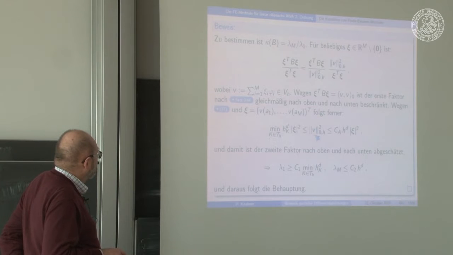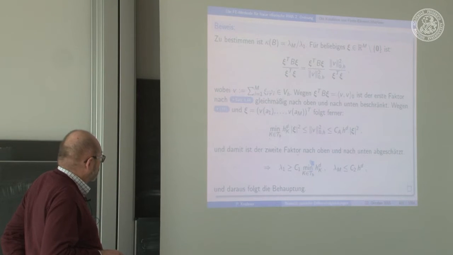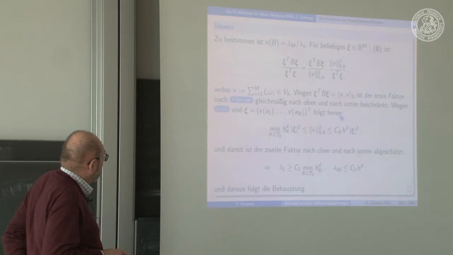If we plug in these estimates, we get an upper bound. Let's first start with this one. This is bounded in any case by a constant. If we plug this in as an upper bound for this part, the psi norm squared goes away, and we are left with this part times some other constant. C1 and C2 denote generic constants, so we get an upper bound of the type generic constant independent of C times h^d.